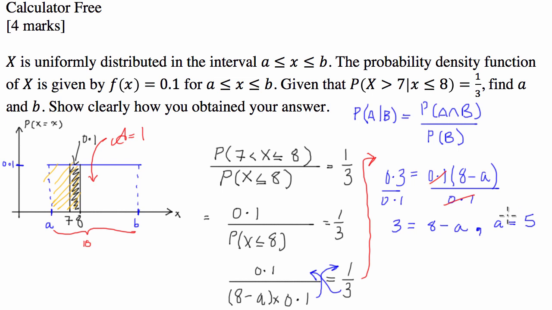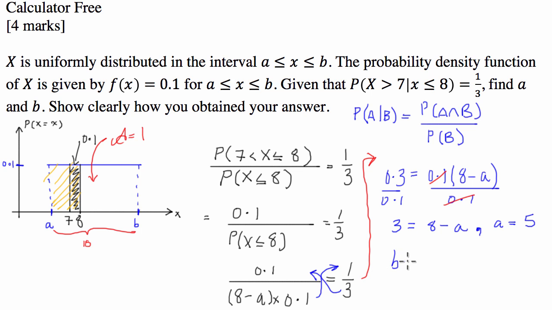Now, right from the start of our little explanation, we worked out, because this probability density function has to have an area bound by the line and the x-axis of 1, that the difference between a and b had to be 10 for a uniform distribution equal to 0.1. So if a is 5, b has to be 10 above 5.